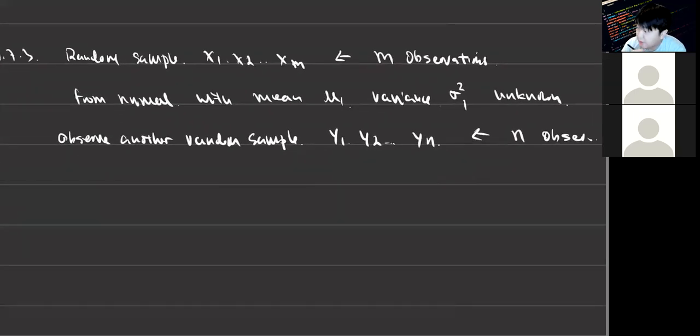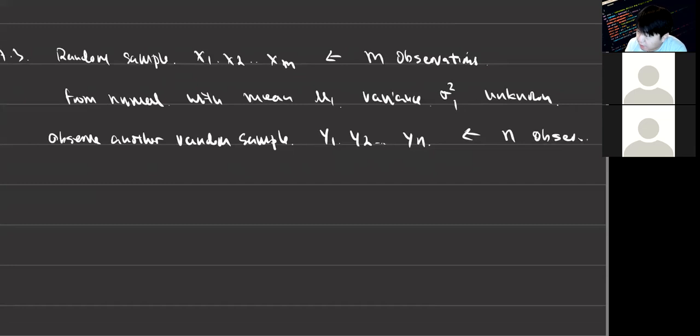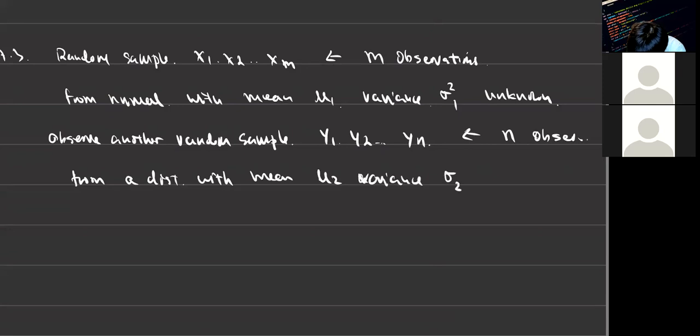And same with the second sequence, we have mean and variance. So this is from a distribution with mean mu2 and the variance is going to be sigma 2, and of course unknown.